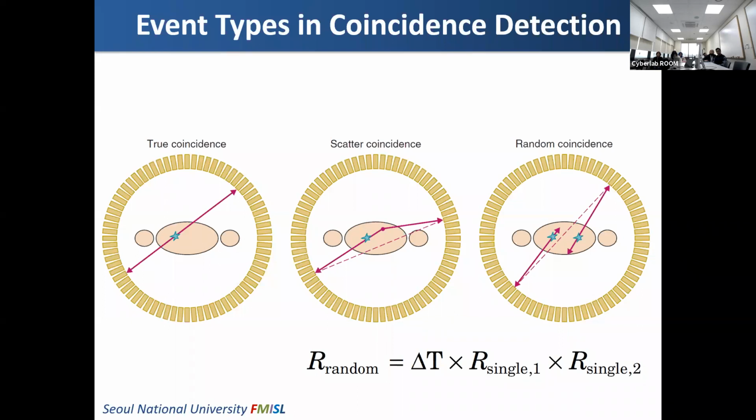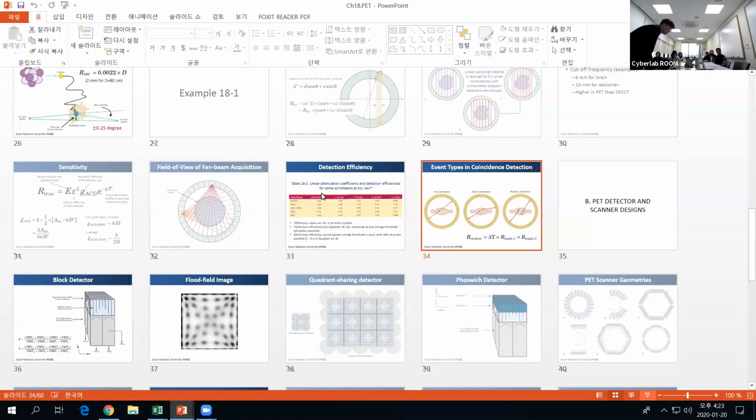If our system has very bad timing resolution, so uncertainty is very high, then we should use a larger coincidence window. I mean the width of the pulse should be larger. Then we are going to have more random coincidences, so it will cause very noisy images. So the timing resolution is so important.